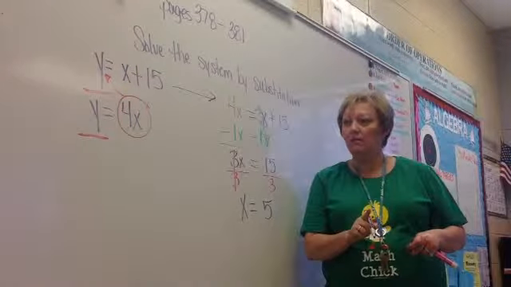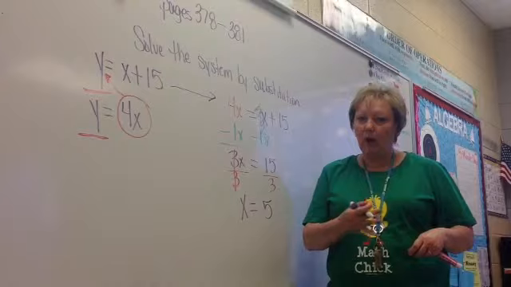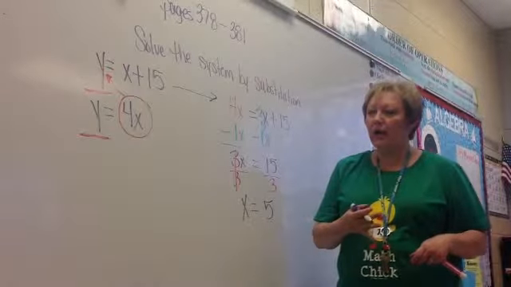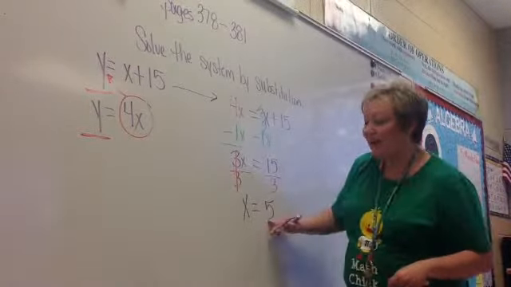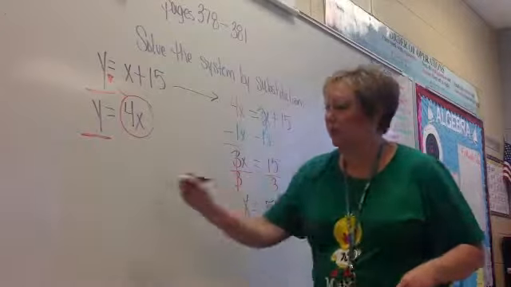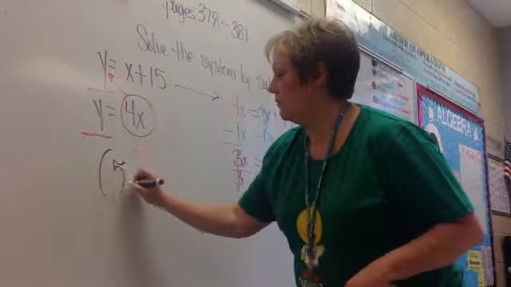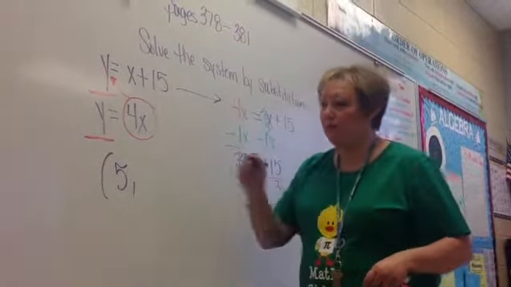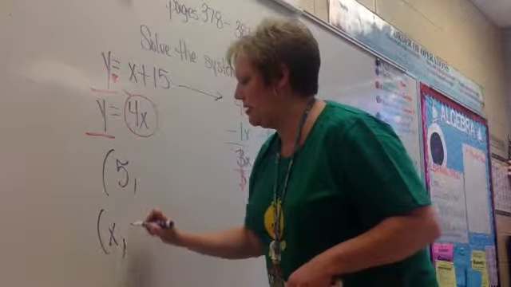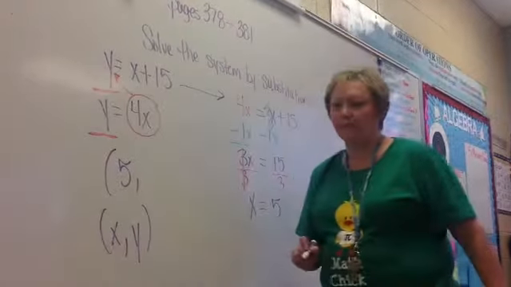We're not done though. Remember from when we were graphing these equations, how your answer was an ordered pair? Right now we only have half an answer. That x is 5. Remember, in ordered pairs, x always comes before y.